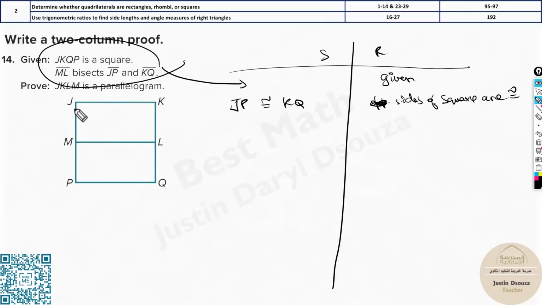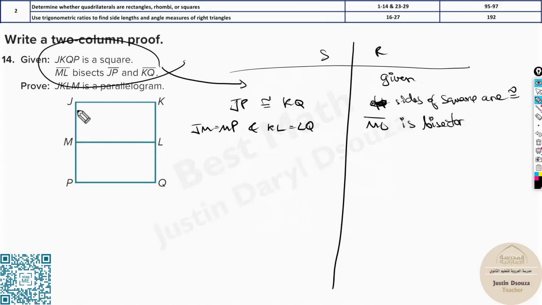This ML line is bisecting JP and KQ. So I can write JM is equal to MP and KL is equal to LQ, because ML is a bisector. Or you can write definition of segment bisection or something like that.